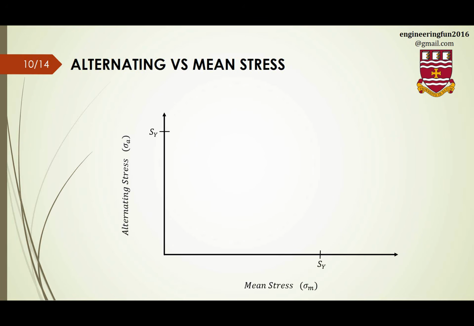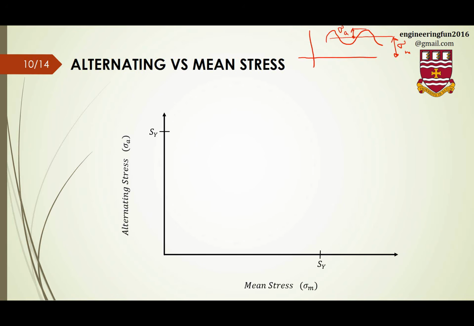There are a couple of important points for us. When mean stress is 0, I'm gonna show again, we are studying this one. This is sigma m, and this is sigma a.